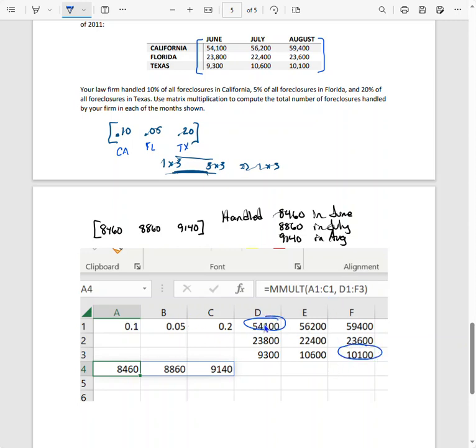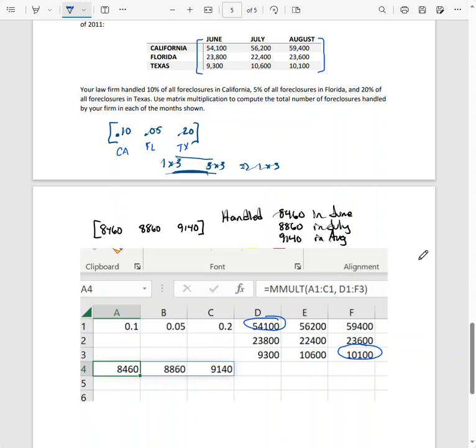All right, so starts here and it will assume D through F, 1 through 3. Hit enter, and I pop up with these answers. But what are those answers? The rows were California, Florida, and Texas. These answers are now June, July, and August. We handled 8,460 cases in June, 8,860 cases in July, and 9,140 cases in August.